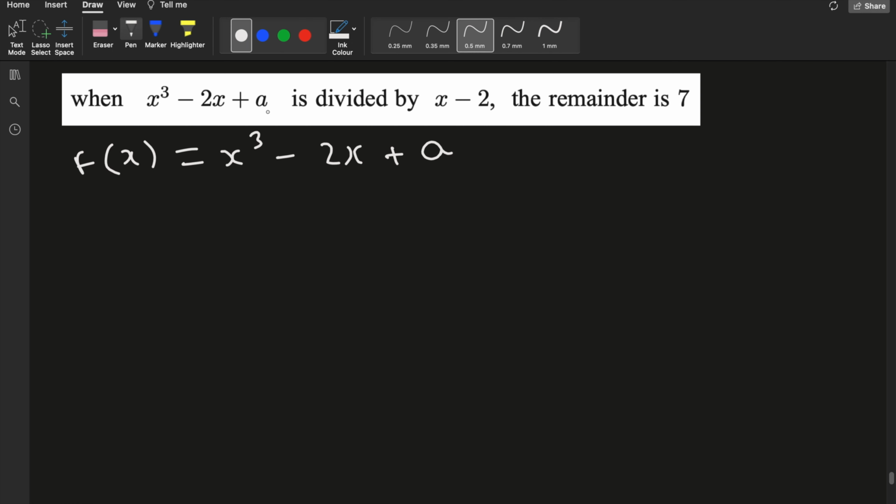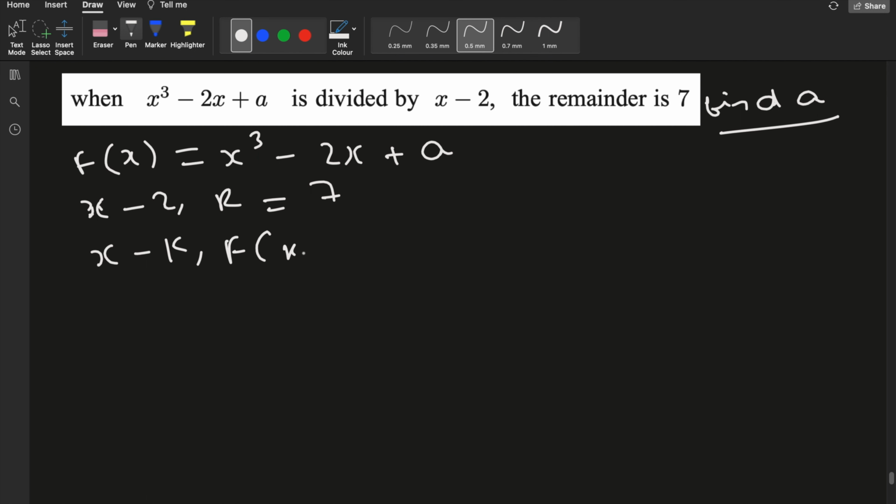Here we're supposed to find the value of a. This is our question. The divisor would be x minus 2 and the remainder is 7. So we know that if the divisor is x minus k, then f of k equals r.